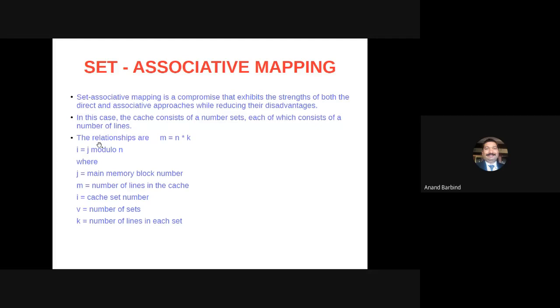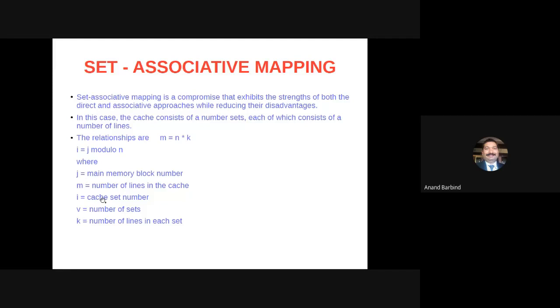The relationships here are like this: m is equal to n into k, and i is equal to j modulo n, where j is the block number in the main memory, m is the number of lines in the cache, and i is the cache set number. So what you get here is the set number and not the line number.